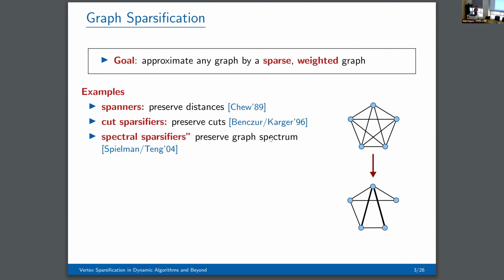And what are some typical examples that we usually see? Well, back in the 90s, we have this notion of spanners, where you preserve shortest path distances. Then you have this notion of cut sparsifier by Benczúr and Karger in '96. And also, in the last 20 years, the notion of spectral sparsifier, which was introduced in this beautiful work of Spielman and Teng in the context of solving Laplacian systems.